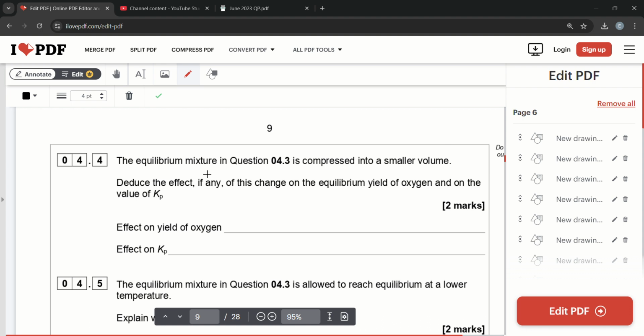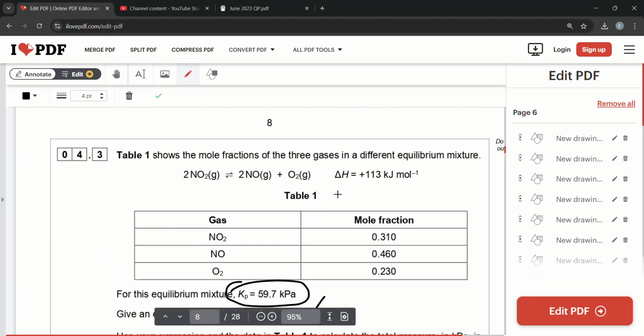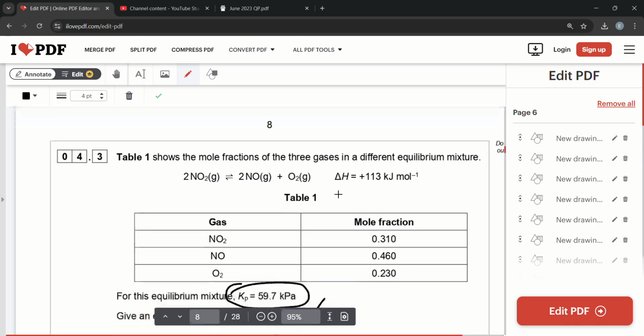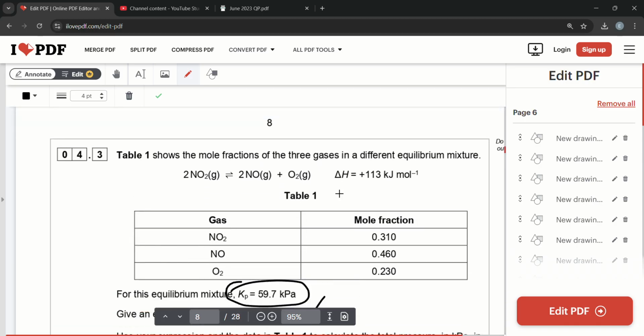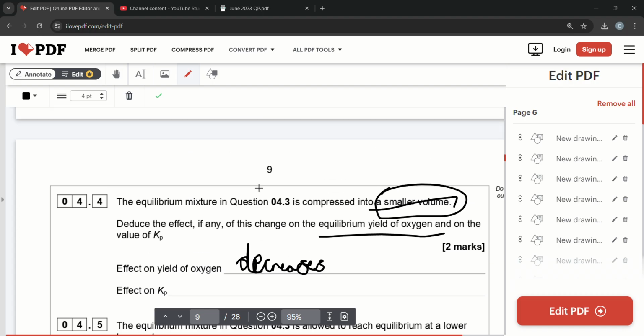Well, if the equilibrium mixture is in a smaller volume, then the equilibrium yield of oxygen is going to decrease. Smaller volume, so the effect on the yield of oxygen is going to decrease because oxygen is part of the equilibrium mixture and you're compressing it in a smaller volume, so the yield has got to decrease.